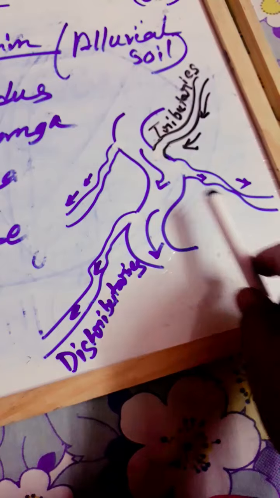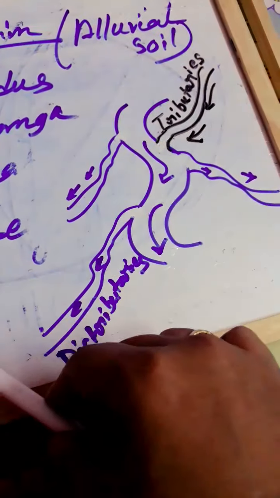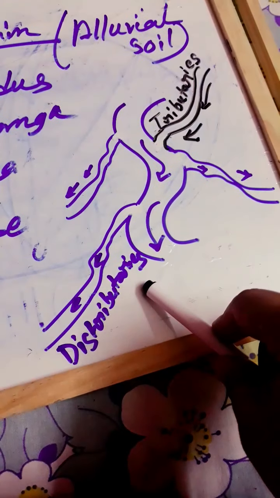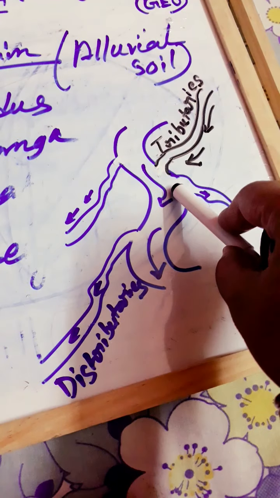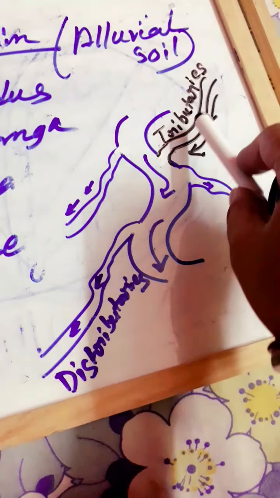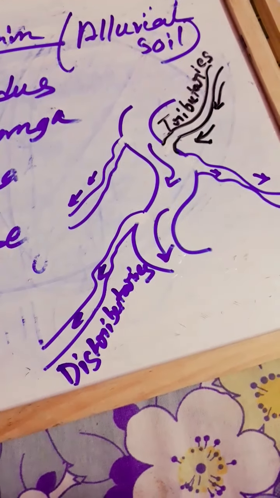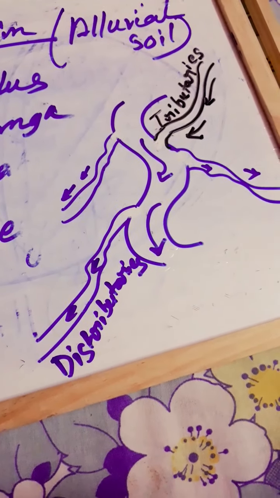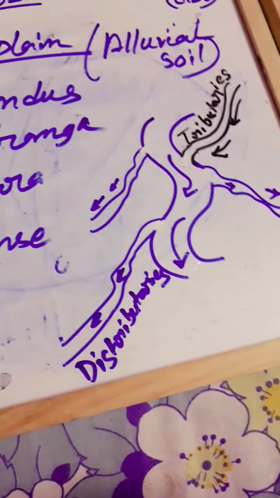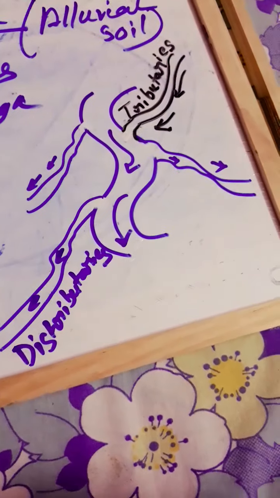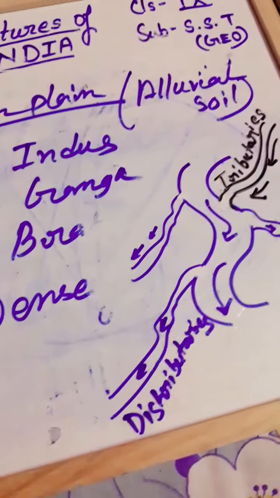When some channels split from the main channel, the channels which are going out are known as distributaries, and those which are coming and joining with the main channel are known as tributaries. Okay, so this is the main difference you have to know. And the northern plains are broadly divided into 3 sections. The western part of the northern plain is referred to as the Punjab plains.